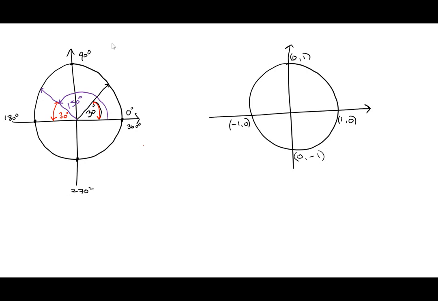So where I had, say, cos 30, sine 30 here, and if I go purple, cos 150, sine 150 has the same value as cos 30, sine 30. Okay, so how do I distinguish between them? Does that mean that all of these have the exact same value? Well, the answer is yes and no.